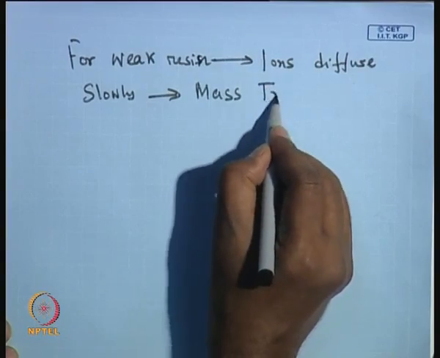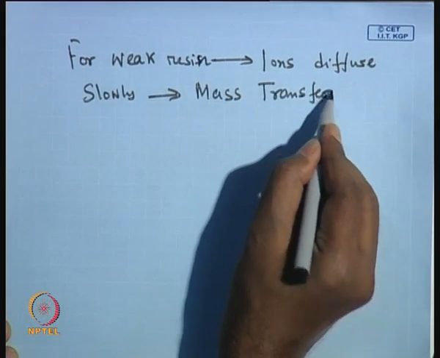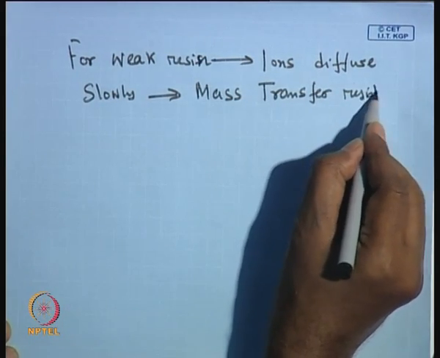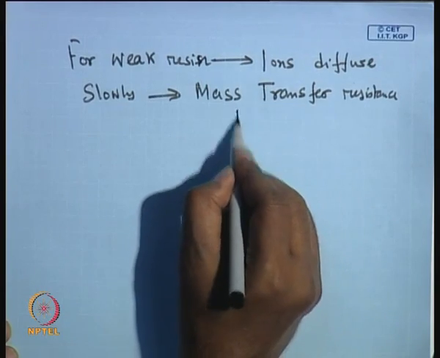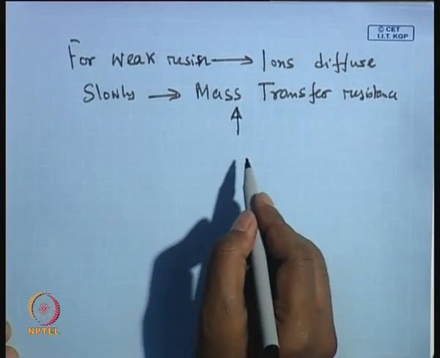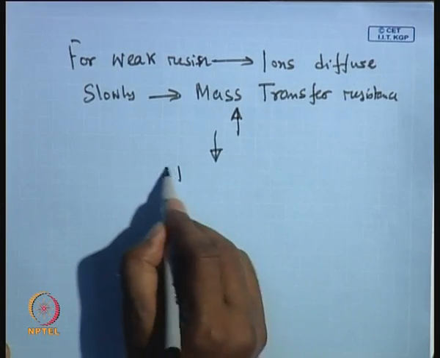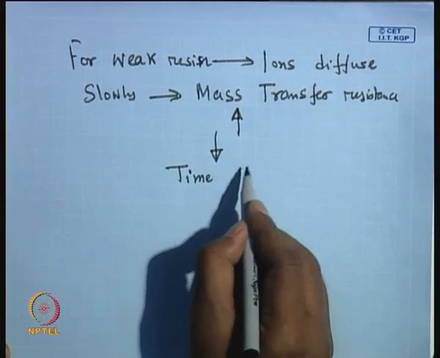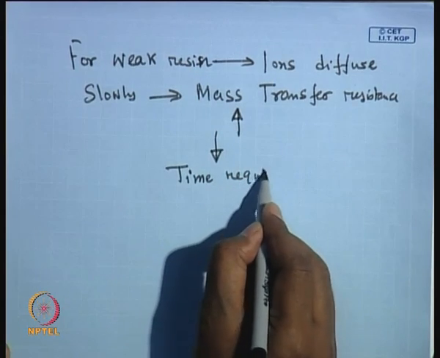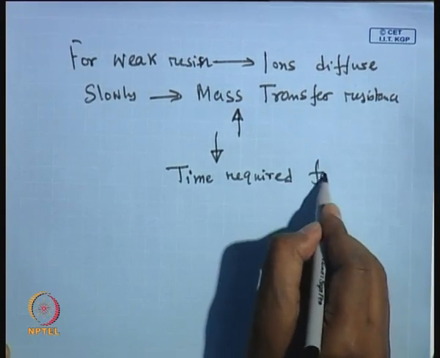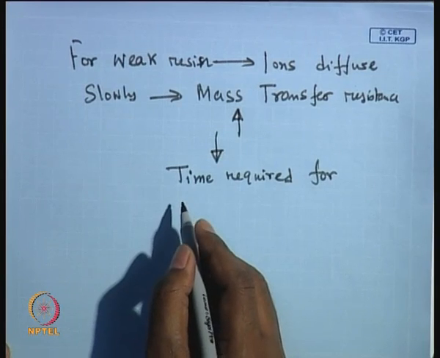So, since the diffusion is very slow, the mass transfer resistance is remarkably high. Because the mass transfer resistance is remarkably high, the time required for attaining a separation will be long.